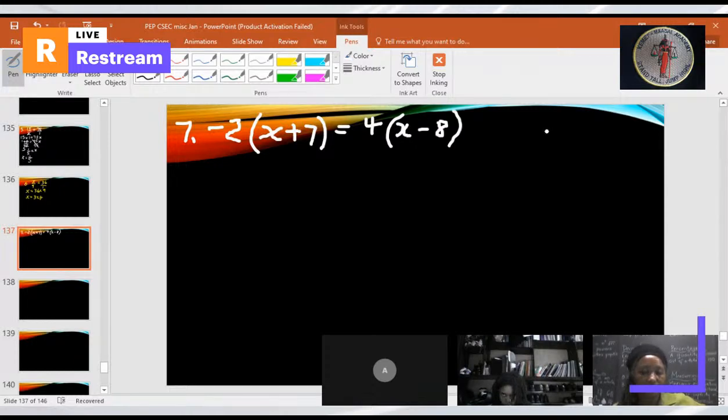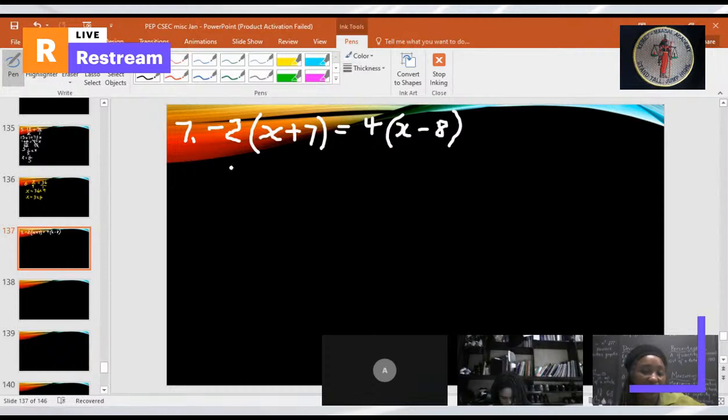We're going to write the bracket first. Why am I not hearing my scholars tonight? All right, so let's expand the brackets. So what do we say? We're going to multiply the negative 2 times what's in the bracket.